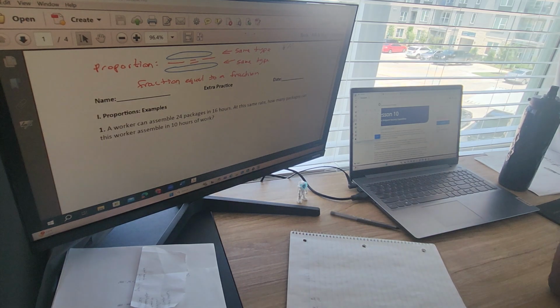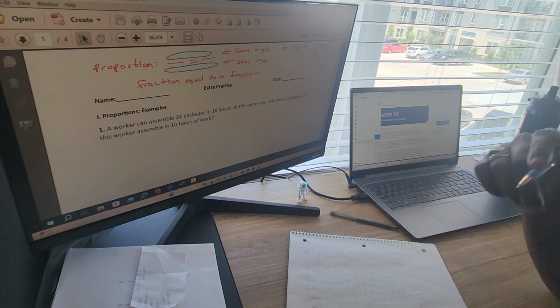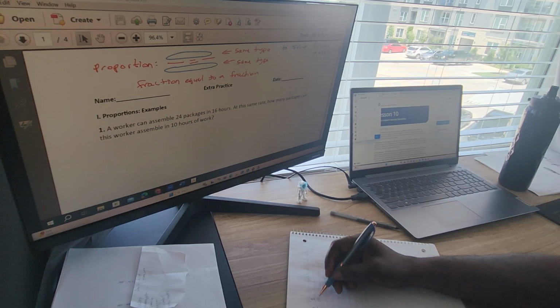And to solve, you cross multiply and divide. So we'll do a quick example. So here's a proportion, 2 over 10 equals x over 20.